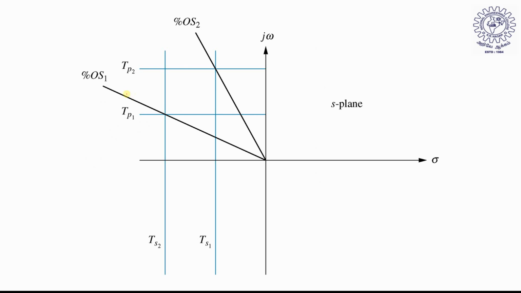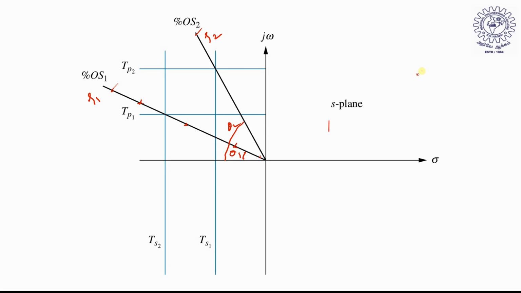Just this line is one radially outward line, and this is another radially outward line. Any poles lying on one line have the same overshoot. We may consider this theta 1, and the damping ratio will be zeta 1; this may be theta 2, and the damping ratio will be zeta 2.